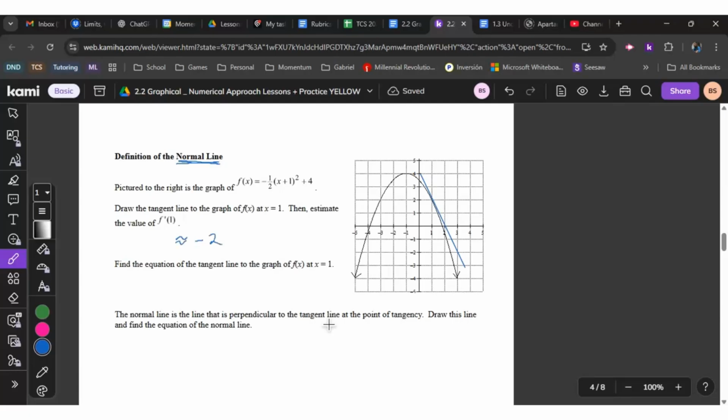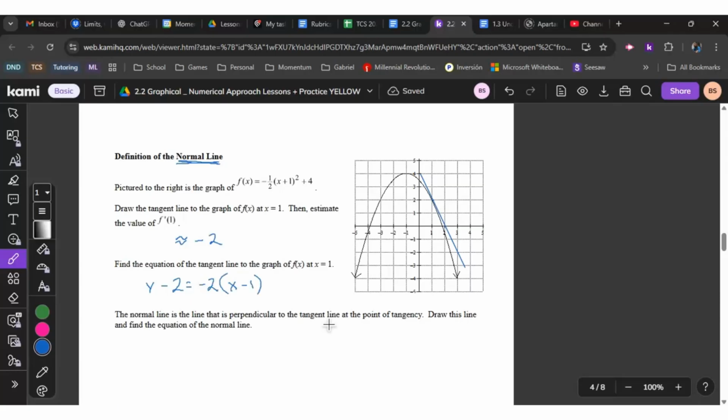I wouldn't say it's -1. -1 would mean that it's like that. I think -2 is a really good estimate here, guys. It's just touching right there and nowhere else. Find the equation of the tangent line to the graph at x equals 1. All right, well, my point is at 1, 2, so it's y minus 2 equals my slope, x minus the x coordinate, so x minus 1.